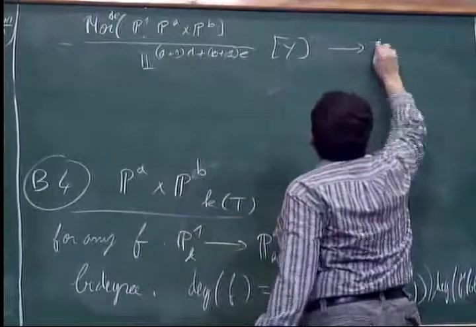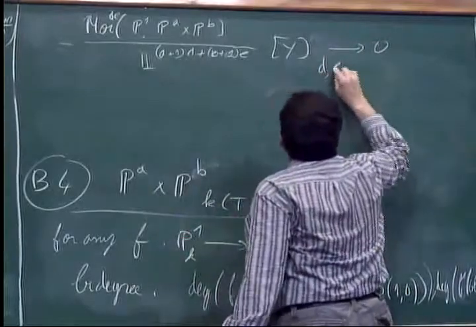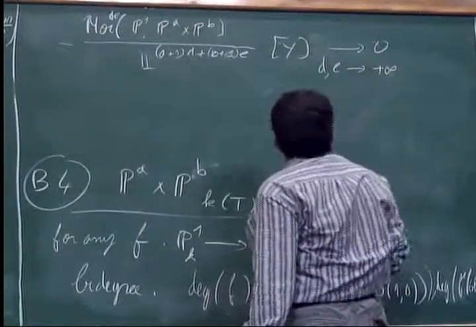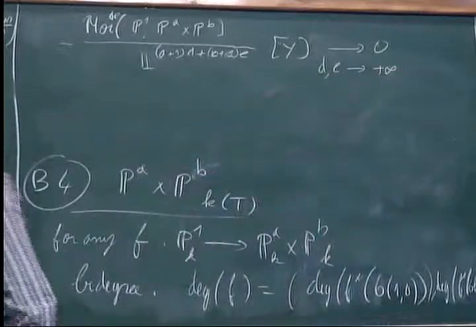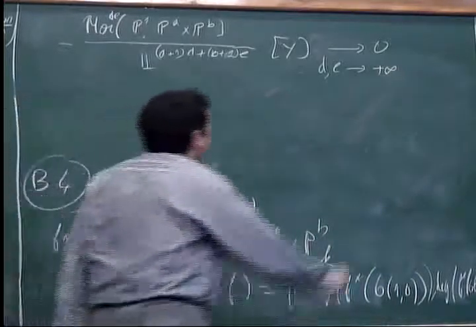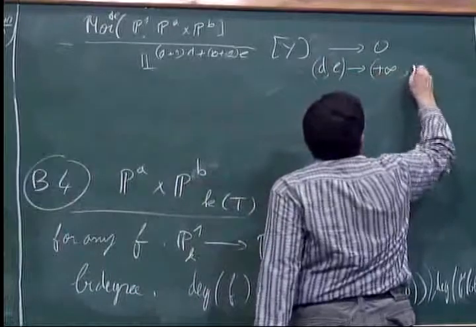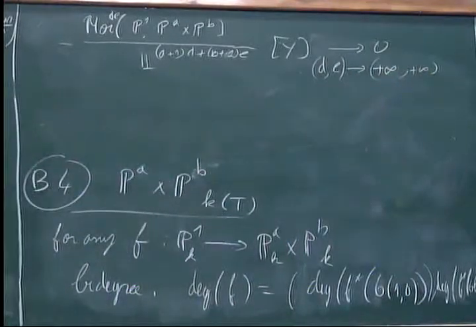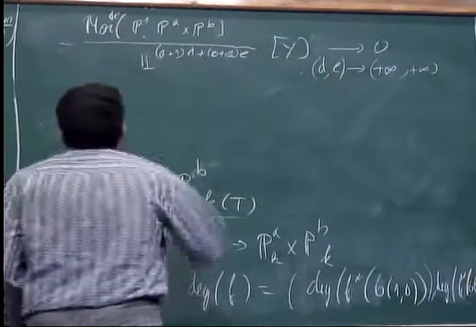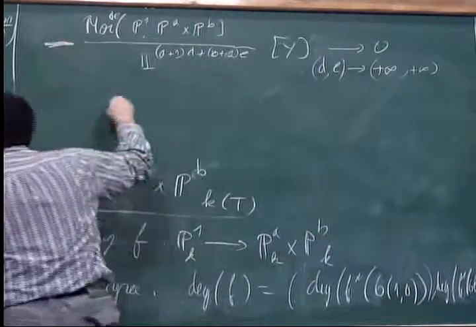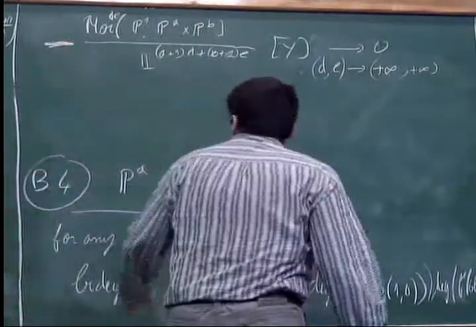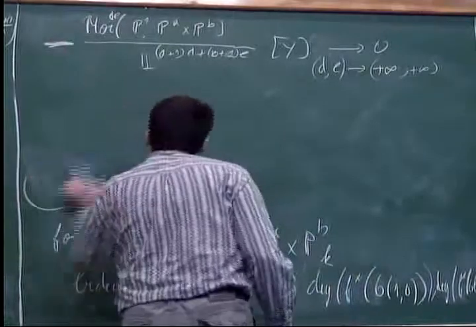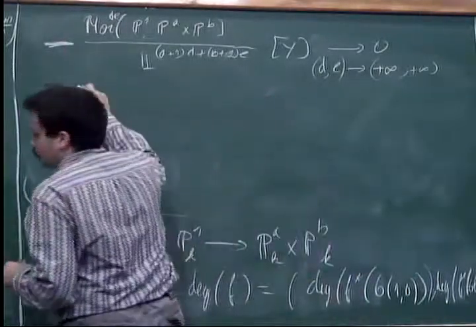Yeah, it goes to 0 as both degrees D and E go to infinity. Actually, I should write this as: okay, I take the difference between the two terms. So, okay, so this is equidistribution.